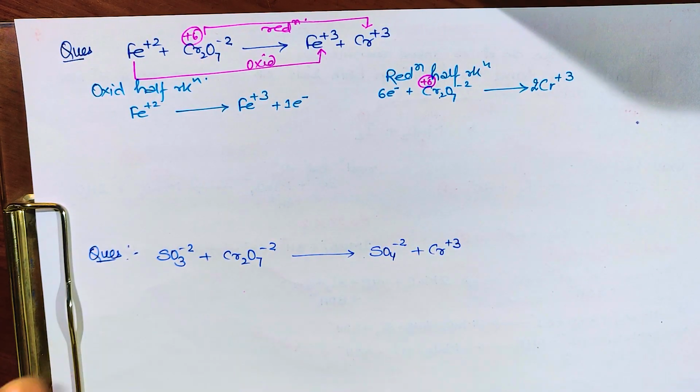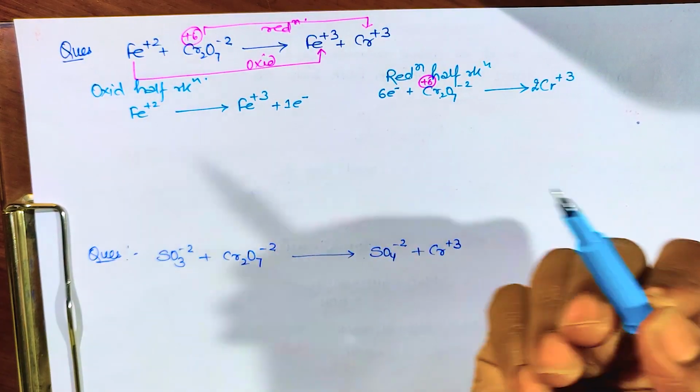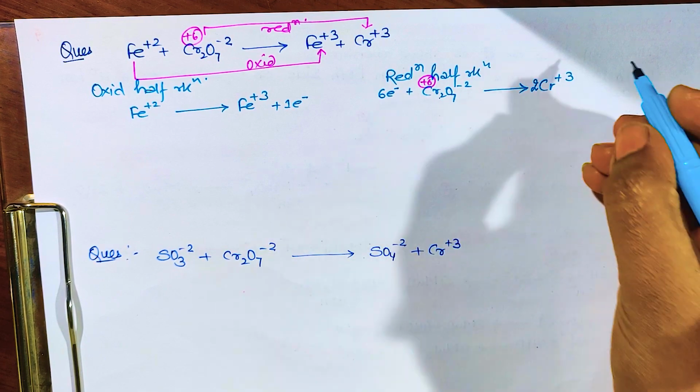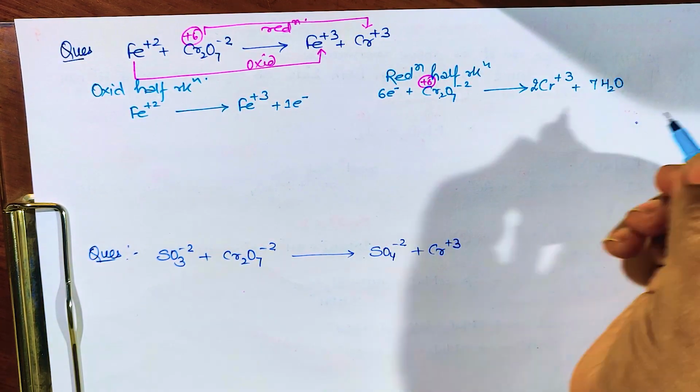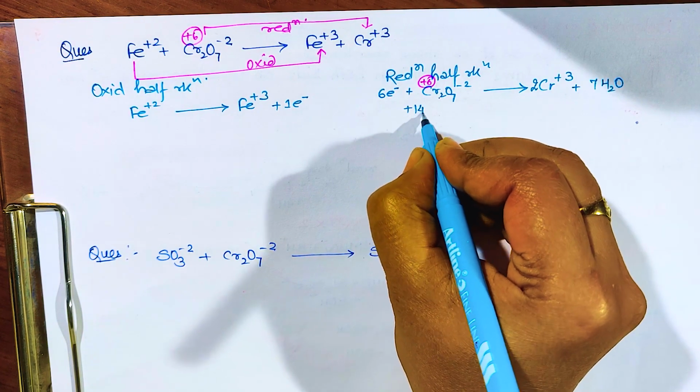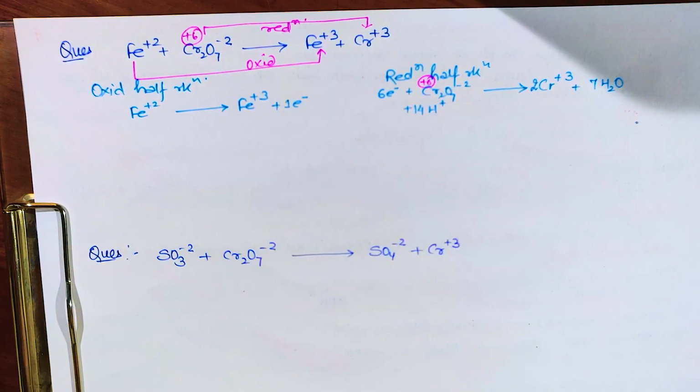Now what you have to do next, the fifth step, is to balance the oxygen followed by hydrogen. Oxygen is not there on this side, so no need to balance, but in this case oxygen is 7, so we have to add 7 H2O, and to balance hydrogen, 14 H plus should be added on the LHS. Clear?